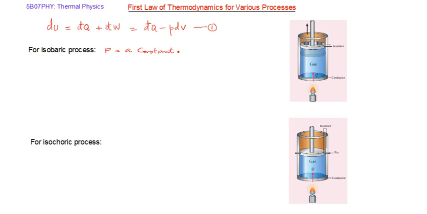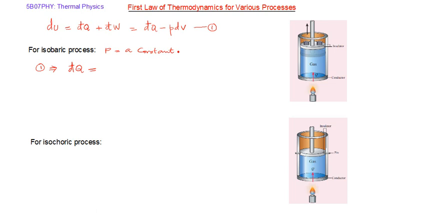Hence, we have to rewrite equation number 1. As such, there will not be any major difference in equation number 1. I'll be rewriting it in terms of d bar q. So what will be d bar q from equation number 1?